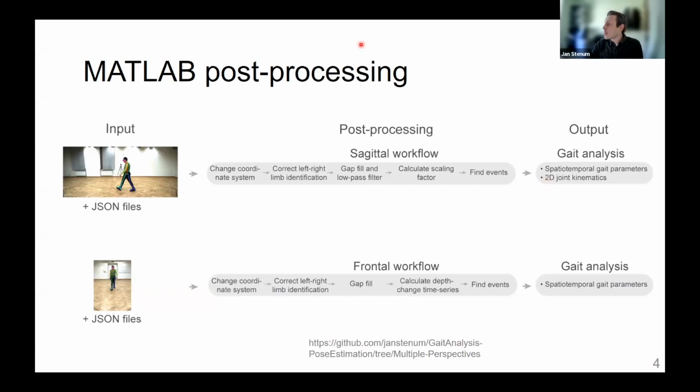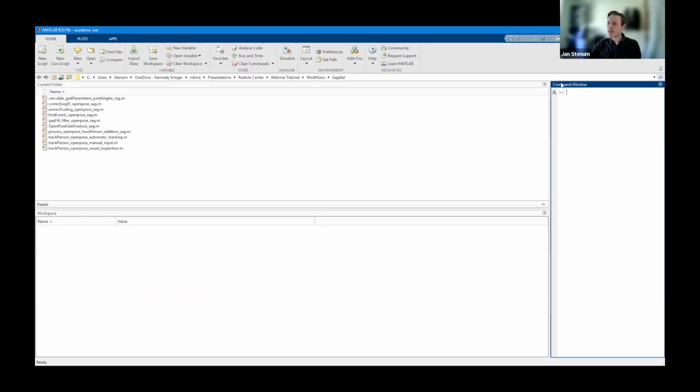So I am going to shift gears here and pull up MATLAB and run through an example of first the sagittal plane workflow and the frontal plane workflow after that. So you can go to the GitHub repository that we have made and download all the MATLAB files associated with either workflow.